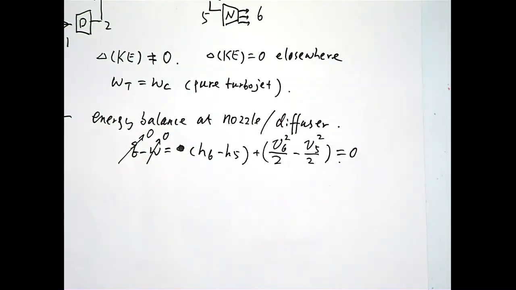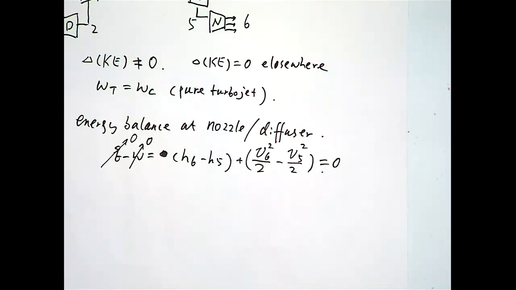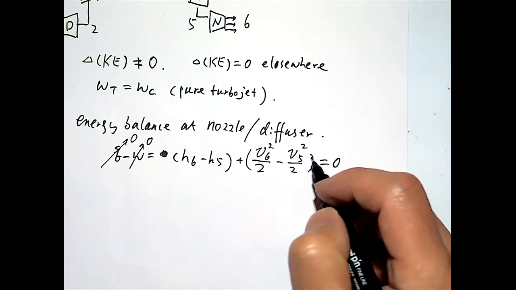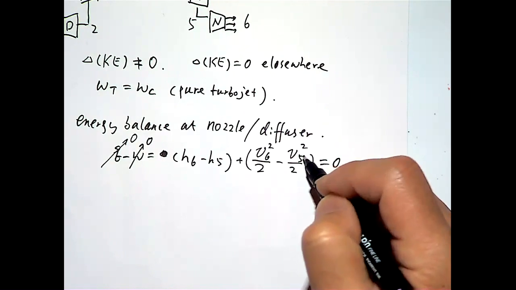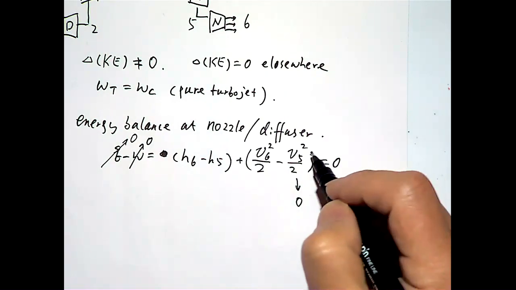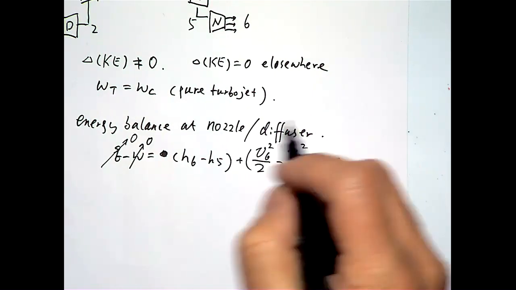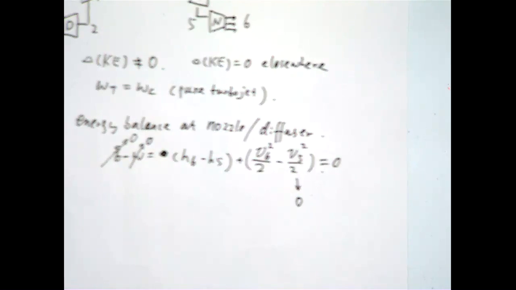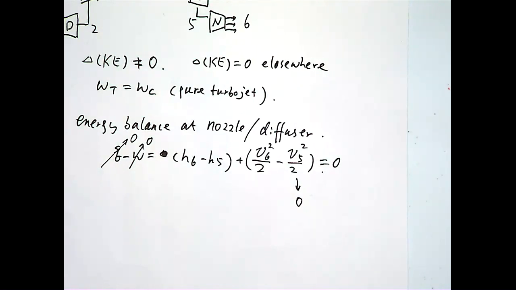So here we consider that, in general, this term is very small compared to the rest of the terms. The velocity at the nozzle inlet compared to the velocity at the nozzle outlet is very small, so we neglect this energy term.